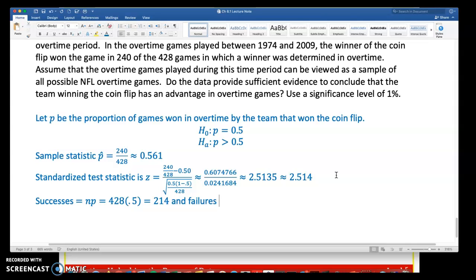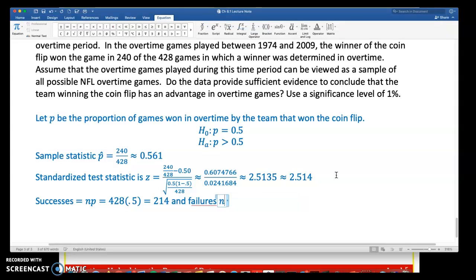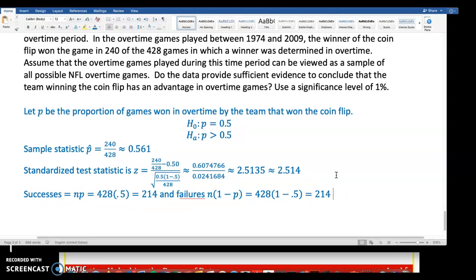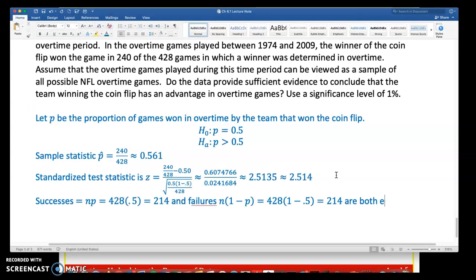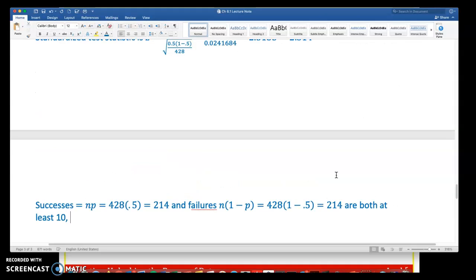And failures, those are teams that lost, would be n times 1 minus p. And that would still be 428 times 1 minus 0.5, which would be the same value. So these are both at least 10, so we can use normal distribution.